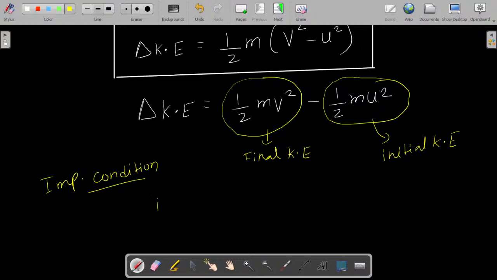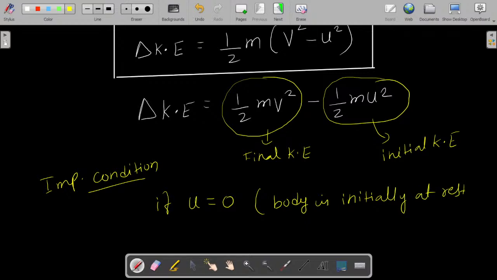If initial velocity is 0, means the body is initially at rest. Then we have change in kinetic energy.